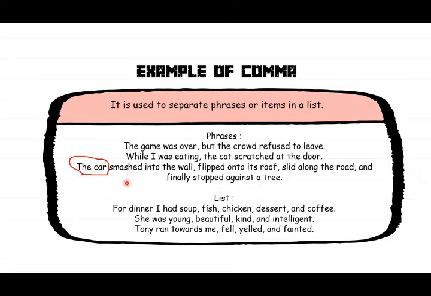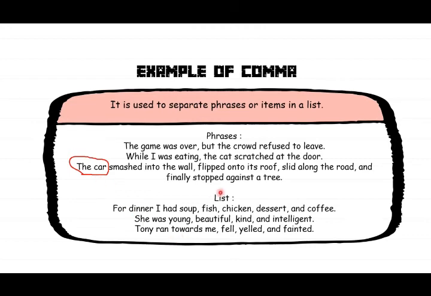Dia cakap kereta itu langgar dinding, flip onto its roof, terbalik ataupun terpusing terbalik, slid along the road, dia macam menusuk kat jalan tu, and finally stopped against a tree, dan berhenti dekat pokok. Okay, semuanya merujuk kepada benda ni lah. The car. Biasanya kalau kita pecahkan dia akan jadi banyak. The car smashed into the wall, the car flipped onto its roof, the car slid lah. Okay, merujuk kepada ni. Jadi lepas tu kita gunakan koma sebab ayat dia merujuk kepada subjek yang sama.